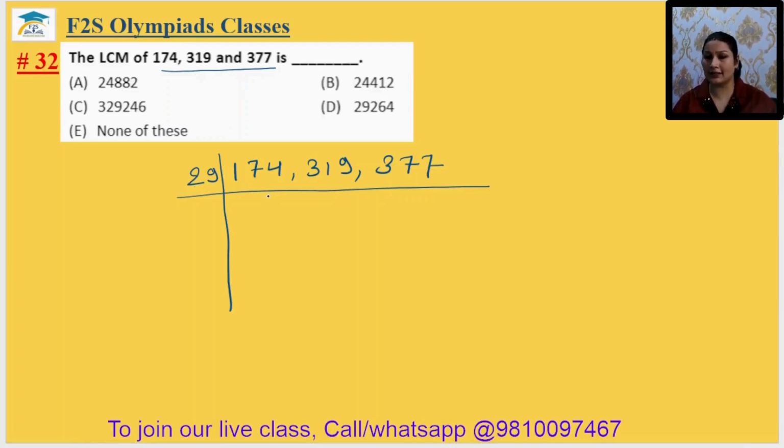So 29 sixes are 174, and then 29 elevens are 319, and then 29 thirteens are 377. Okay. Now is there any more common factor between these numbers? No. So LCM equals 29 multiplied by 6 multiplied by 11 multiplied by 13.